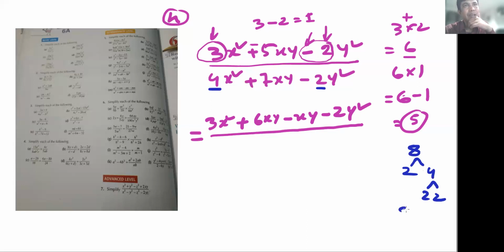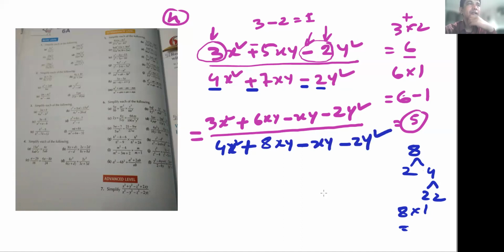But we have another one: 8 into 1. So we'll write 4x square, and since this is positive and this is negative, the biggest one gets positive: plus 8xy minus xy minus 2y square. So now factorize it.